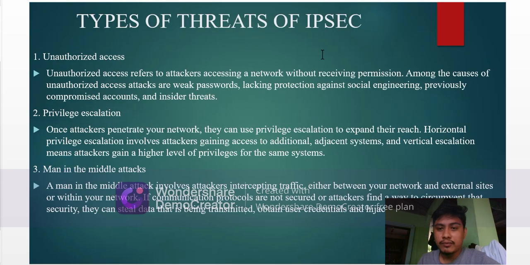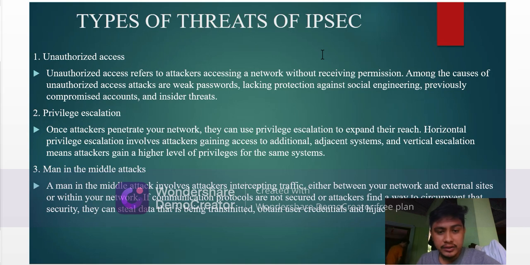Types of threats to IPsec. Unauthorized access. Unauthorized access refers to an attacker accessing a network without receiving permission. Among the causes of unauthorized access attacks are weak passwords, lack of protection against social engineering, previously compromised accounts, and insider threats. Privilege escalation.